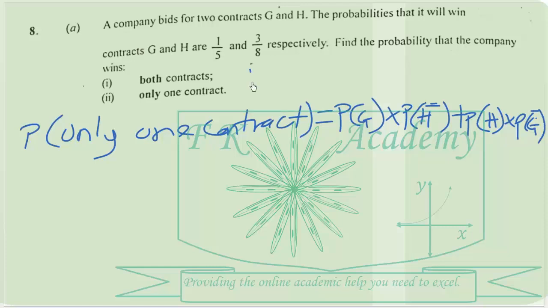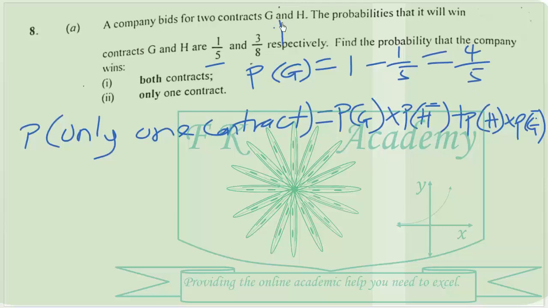So remember, probability of not winning contract G is equal to 1 minus 1 over 5, which is going to give us 4 over 5. And probability of not winning contract H is equal to 1 minus 3 over 8, which will give us 5 over 8.